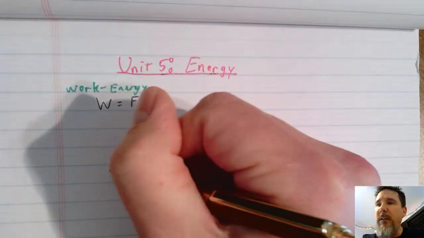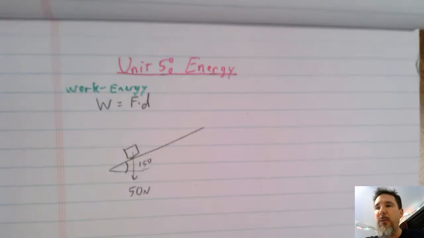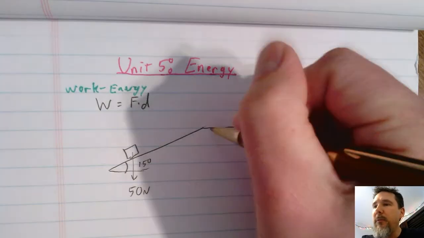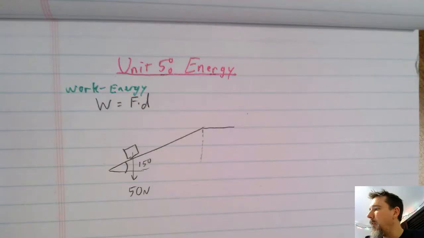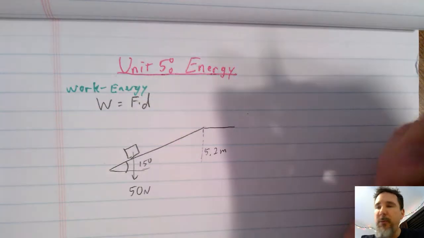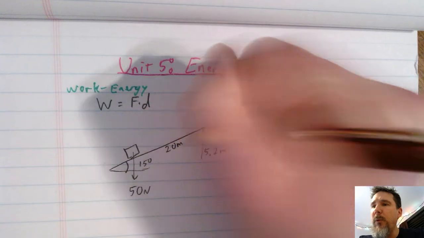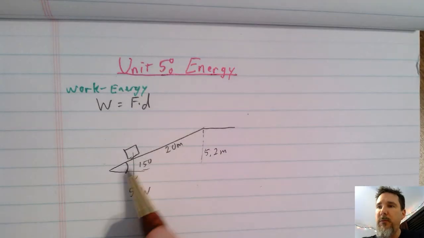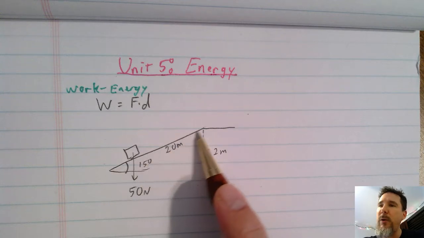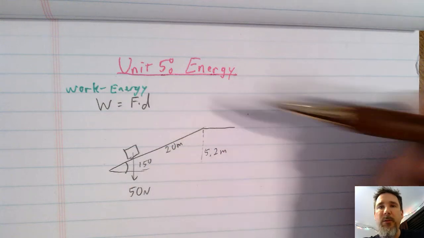The incline is, let's say, 15 degrees, and you're going up to a height of 5.2 meters. The ramp is going to be 20 meters long. So just to make sure we know what's going on: the ramp itself is 20 meters long, and the height of the hill from top to bottom is 5.2 meters tall.